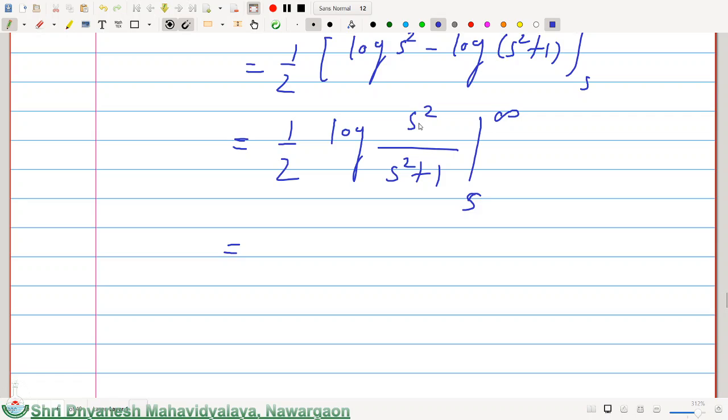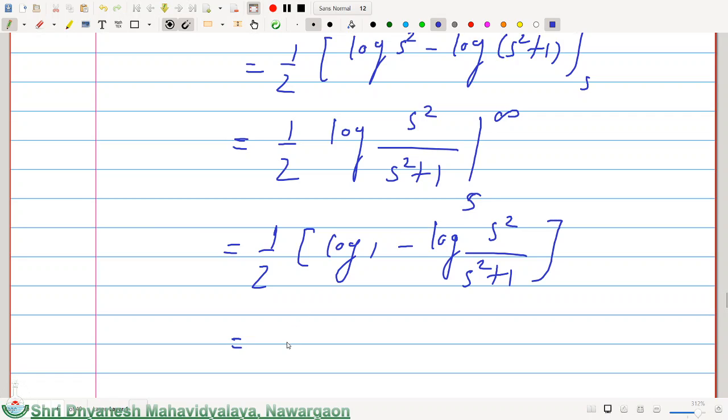Here again take s square common from the denominator, then that common s square will get cancelled with this s square, so this will be log of 1 upon (1 plus 1 upon s square), and at s equal to infinity this will be log of 1. So this is log of 1 at s equal to infinity, minus, at s equal to s, log of (s square upon s square plus 1), which equals log of 1, which is 0.